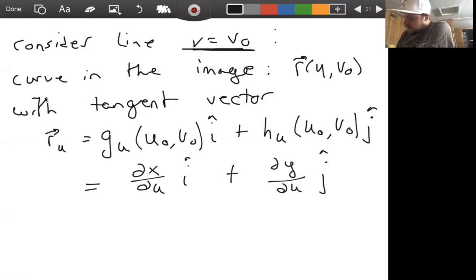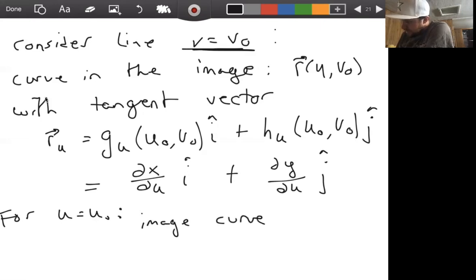We can do the same thing for V. Well, then we'll be looking at the image curve given by holding U constant at U naught and then varying V, right? What will its tangent vectors be?